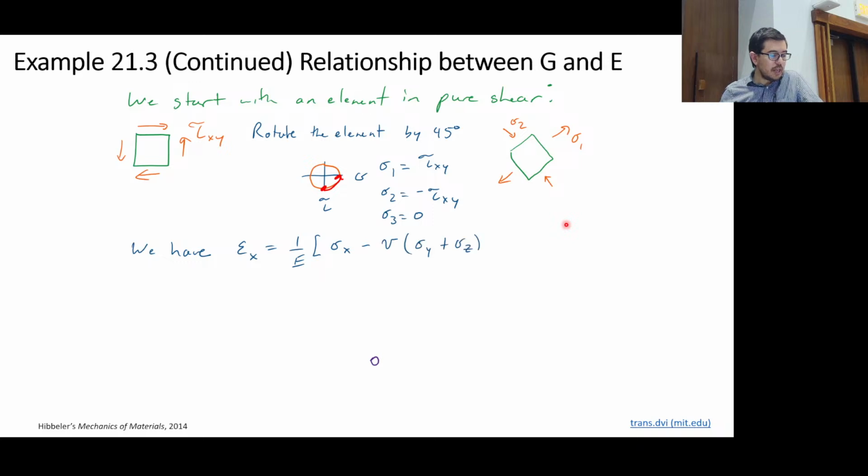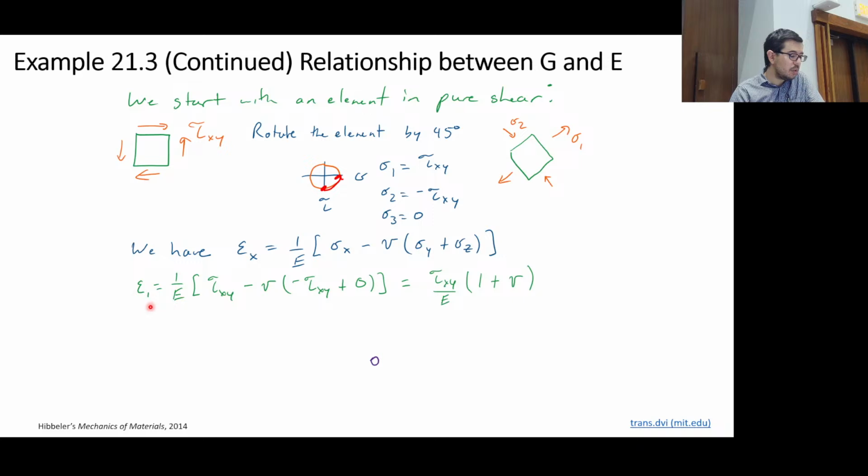Let's bring out one of our oldie-goldie equations. This is using the Poisson's ratio and elastic modulus to relate normal strain to normal stress. And we can then plug in epsilon 1, okay? So you see what we're doing here? Instead of sigma x, we're going to plug in the sigma 1, so that's in the x prime direction.